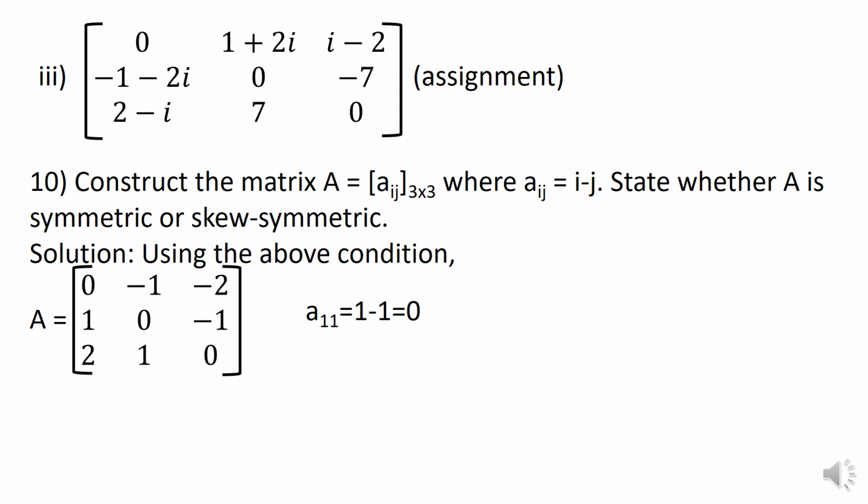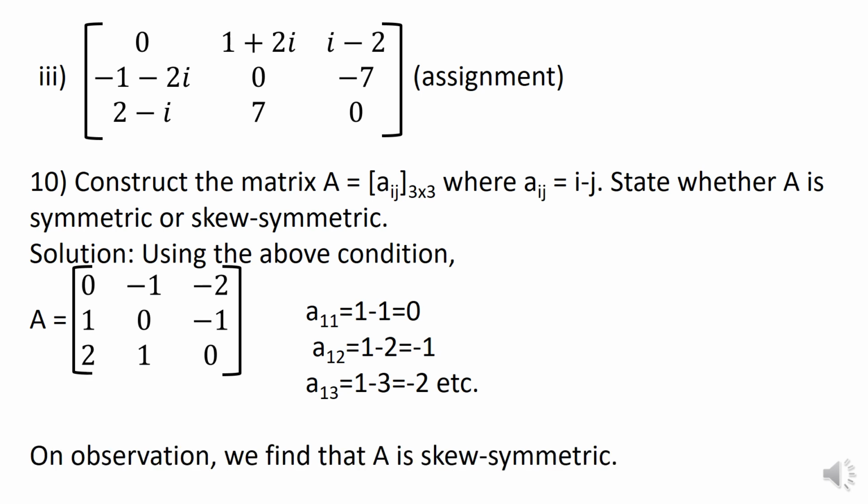Thus, A11 becomes 0, A12 becomes 1 minus 2, that is minus 1, as you can see written over here in A, and A13 is equal to 1 minus 3, which is minus 2, etc. Thus, the given matrix is found out. Now, by observation, we find that the diagonal elements are 0 and the corresponding elements obey the rule Aij is equal to minus Aji. Thus, the given matrix is a skew symmetric matrix.